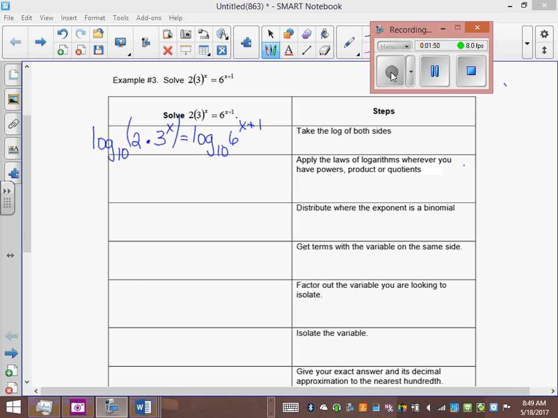Okay? So what rule do we have when we have multiplication? What can we do? Add. Yeah, by adding. So we're going to get log base 10 of 2 plus log base 10 of 3 to the x, equals log base 10 of 6 to the x plus 1.